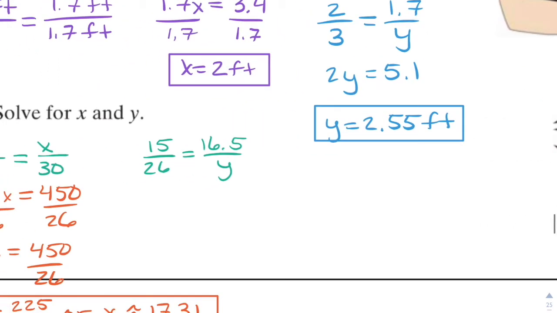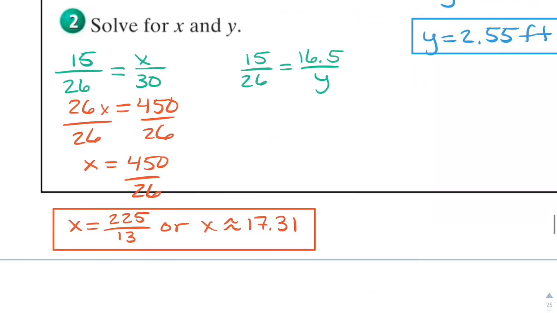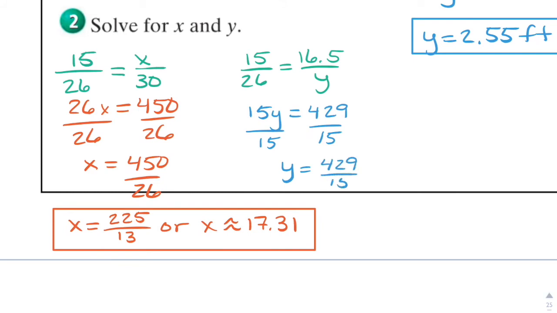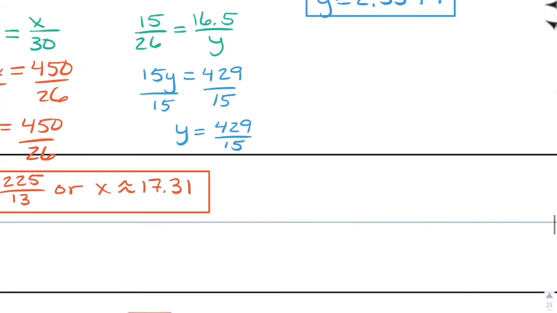So let's see what we get for this one. We're going to get 26 times 16.5, so we're going to get 15y equals 429. We're going to divide both sides by 15. Y is equal to 429 fifteenths. Is 429 divisible by 3? It sure is.